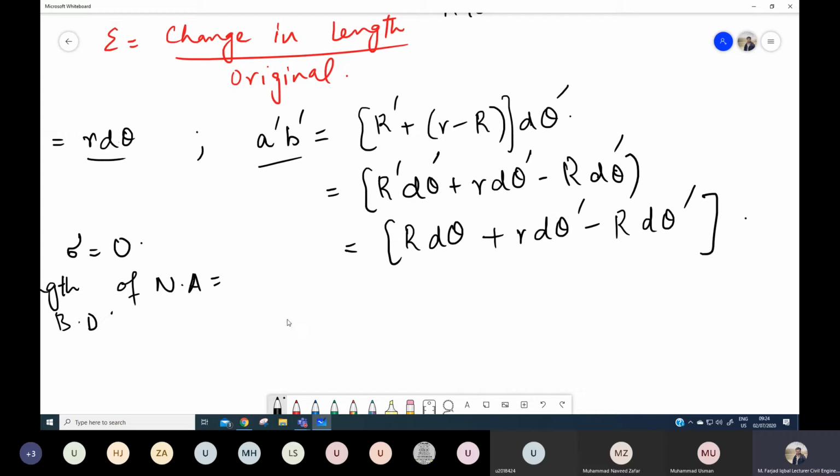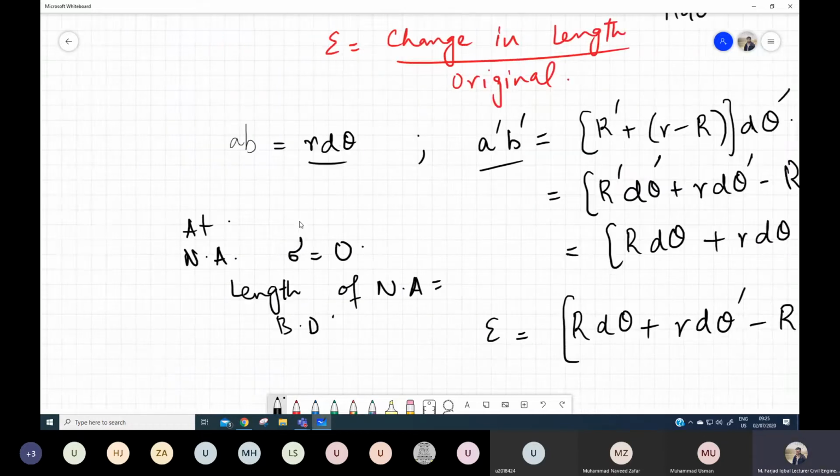Now if I substitute into the strain formula, the strain is change in length, which is the final length minus the original length. So the final length is this one. Replacing it into this equation, I will get r d theta plus r d theta dash minus R d theta dash. This is the final length minus the original length.